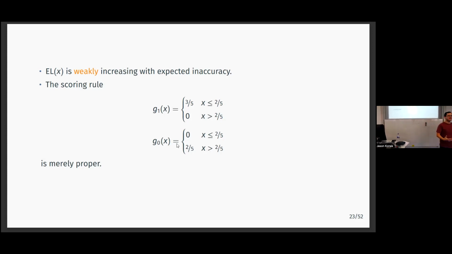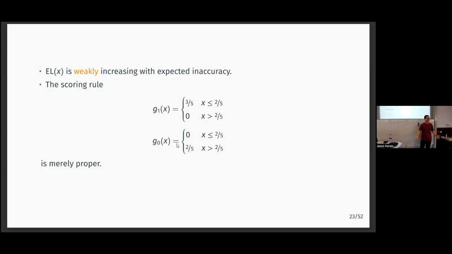So if you were to evaluate the expected value of my credence right now, what's the expected loss of my forecast? Whatever it is, she would assign herself, using this scoring rule, the expected loss would just be that.